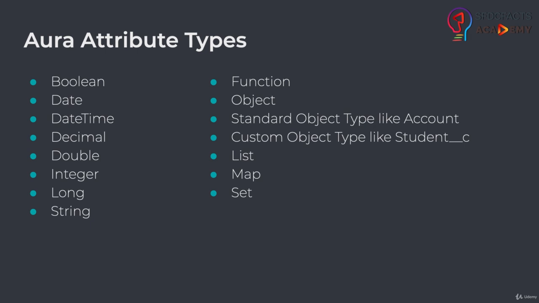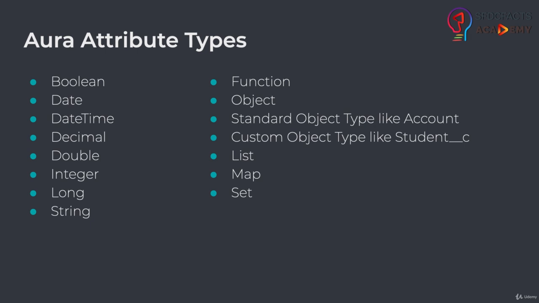You can also store your JSON objects or any type of object in attributes using the object data type. You can also use your standard or custom objects as type as well. So in this case, you will simply pass your standard or custom object's name as the attribute type. Not only that, you can also store the list, map or set in an Aura attribute.